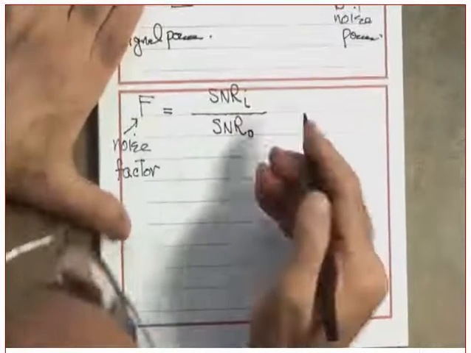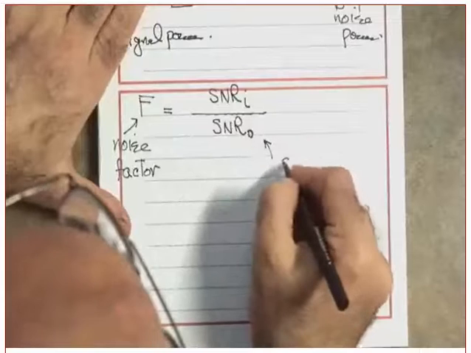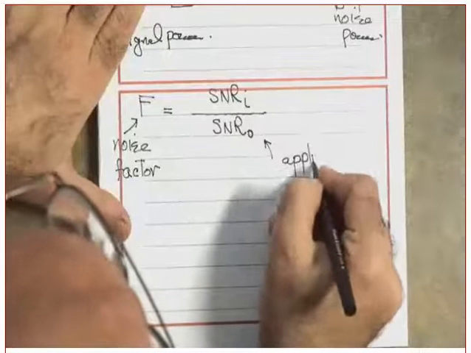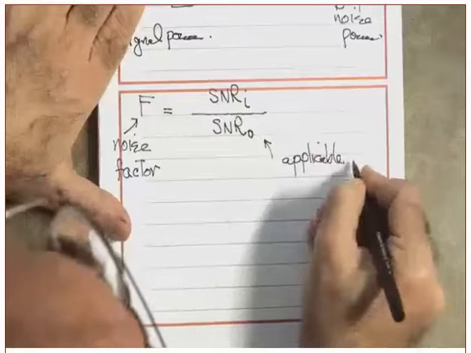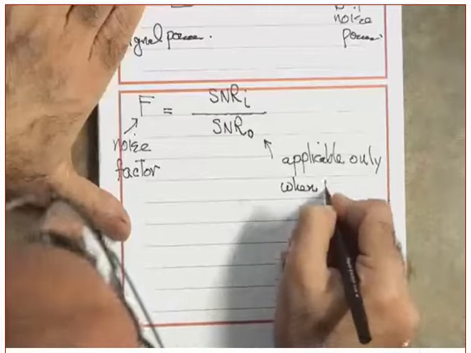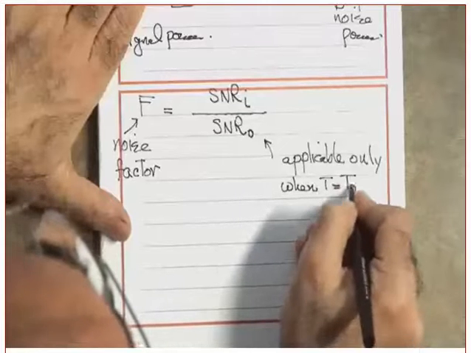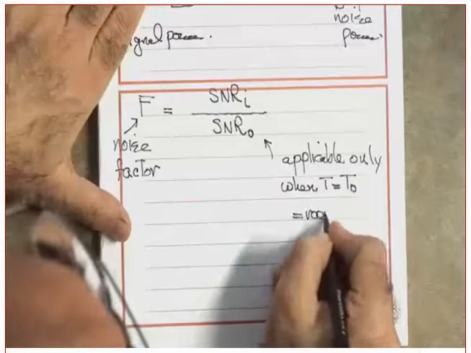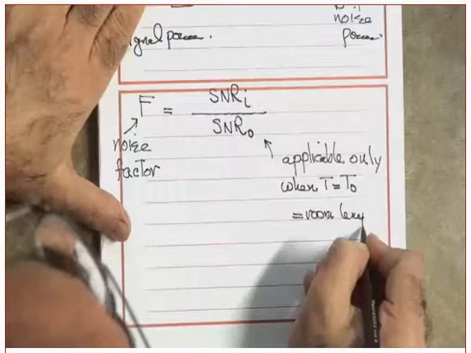So this definition is applicable only when T equals T0, which is room temperature.